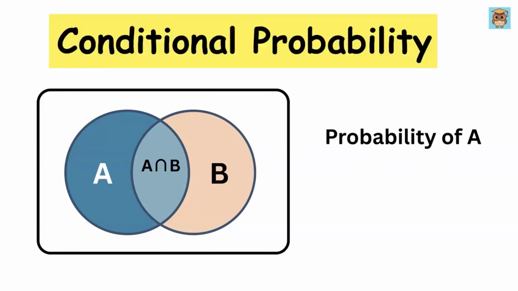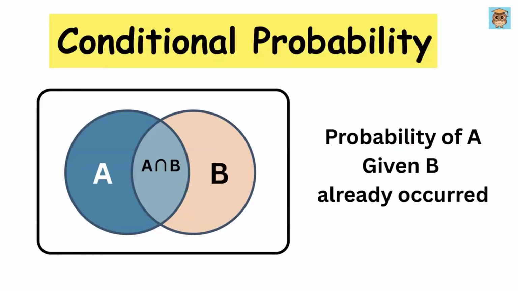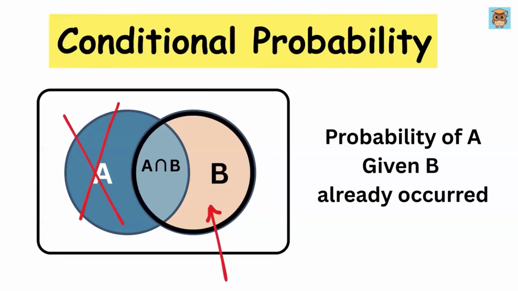Suppose you want to find the chance of some event A happening, but you already know that another event B has happened. This means we are focusing only on the B circle, and inside that circle, the overlapping area is the part that also has A. So the probability of A given B is just asking, out of everything in the B circle, how much is also in A?